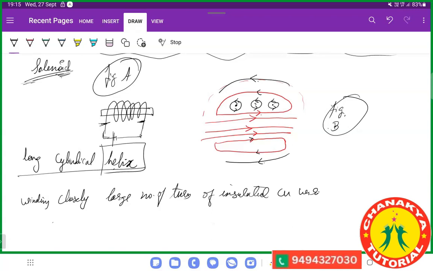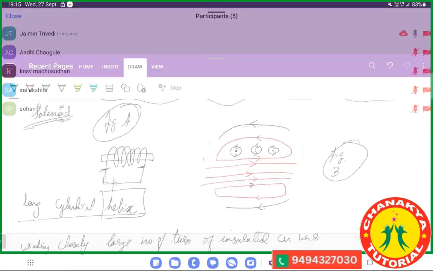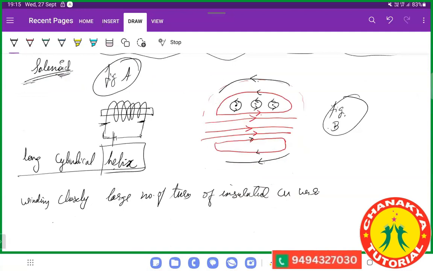Are you guys sleepy or tired? No, sir. Okay. Because I can understand that only theory will make you bored. Some people like theory, some like numericals. I like numericals more, sir.